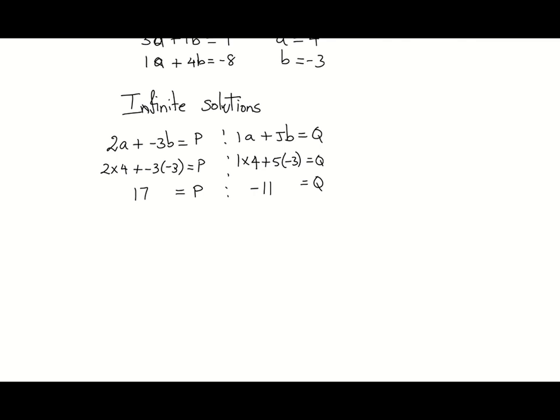If p equals 17 and q equals negative 11, you're going to have infinite solutions. But if you have p equals 17 and q is any other number except negative 11, then you're going to get that other situation.